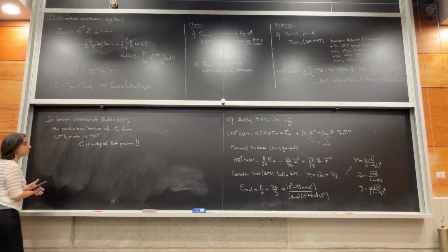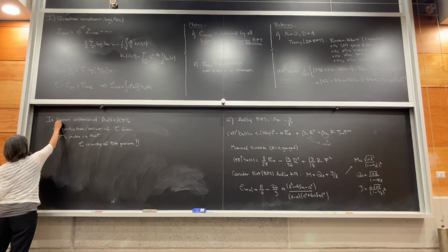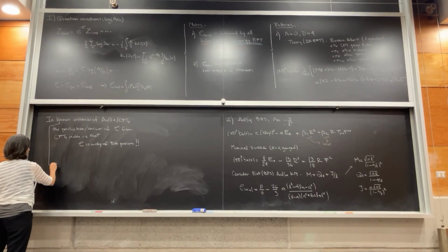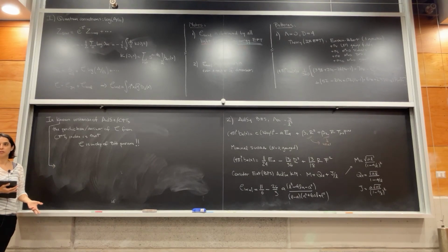Because you can search through the archive and people will tell you that for supersymmetric black holes in AdS4, we understand the area law matching and then the logarithmic correction. And so what happens for these known examples is that your low energy theory is not just minimal supergravity.